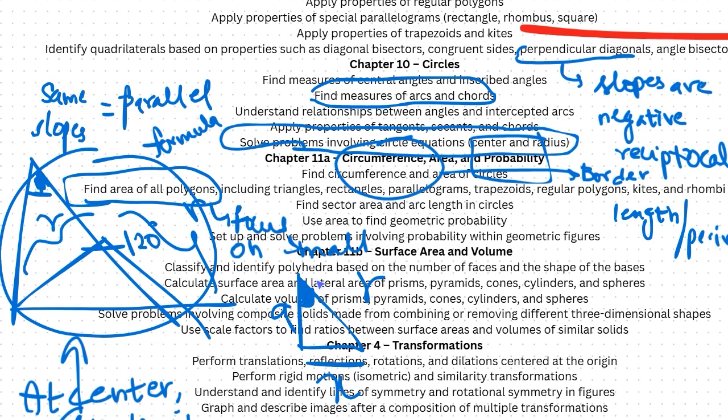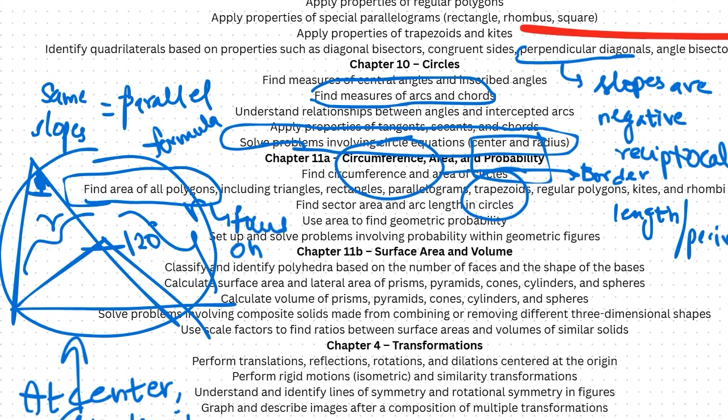What is the formula? 360 divided by number of sides. 180 divided by number of sides. For this triangle alone, it is 180 by sides. So that's how we can find the half angle. We can use it to find the area of a regular polygon, all polygons, triangles, rectangles.